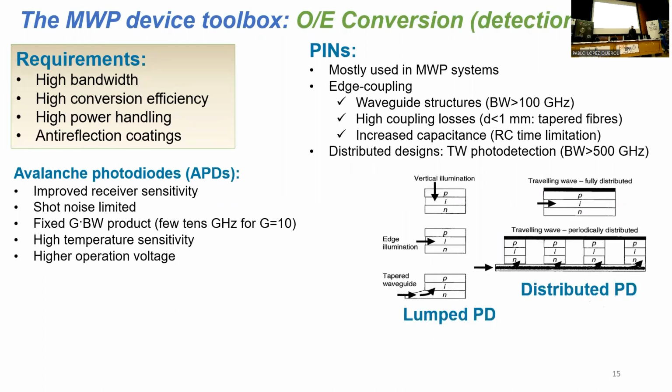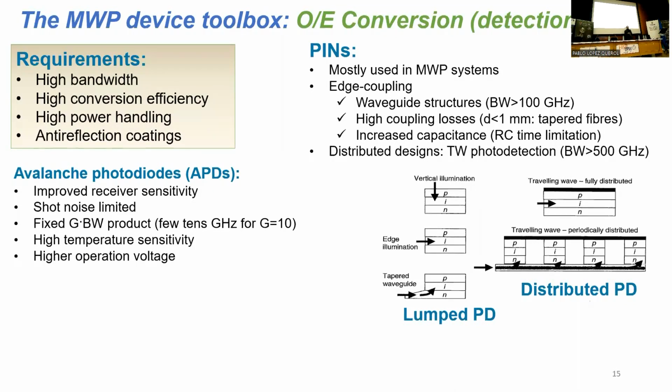You can always think of different structures whereby, by feeding the light in different parts of the photodiode or with different schemes, you can reduce the capacitance and therefore increase your detection bandwidth. You can use lumped or distributed approaches.